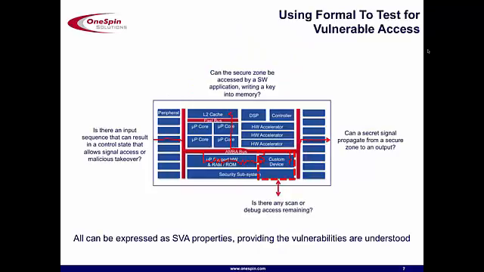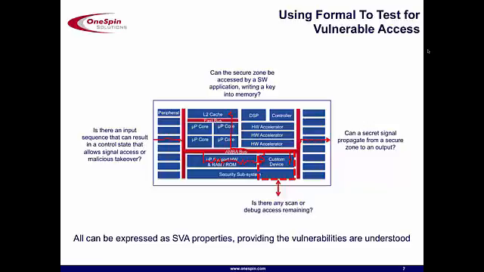The classic one, of course, on the right-hand side is checking for the access of a key onto any outputs of the device, and this might include outputs such as scan paths, or debugging outputs, maybe a multiplex debug mode on the output of a device which was either left in accidentally or not disabled properly. And this is probably the most common type of security vulnerability that we've seen in use with these tools.